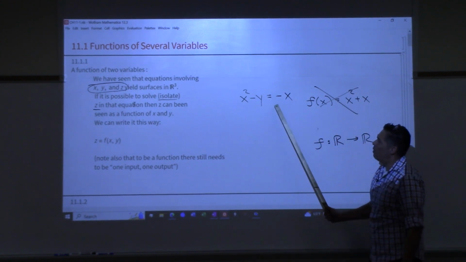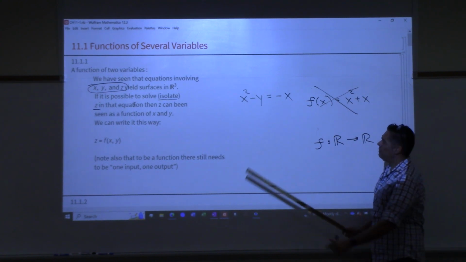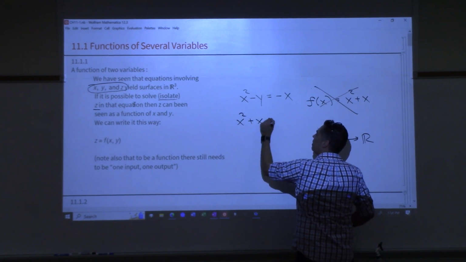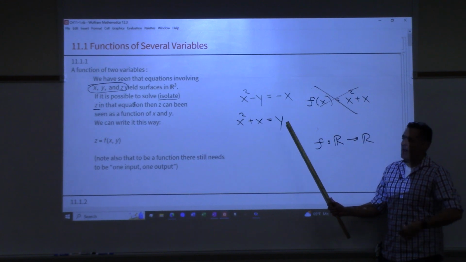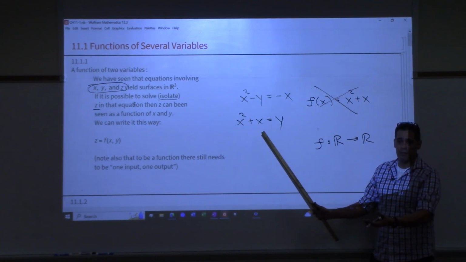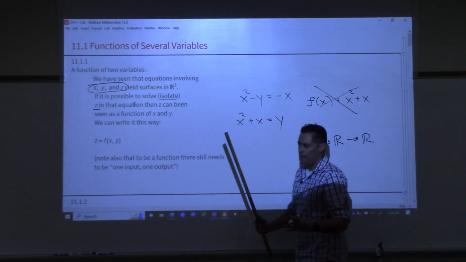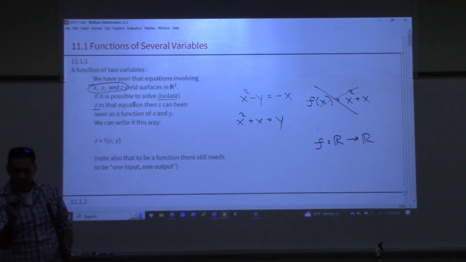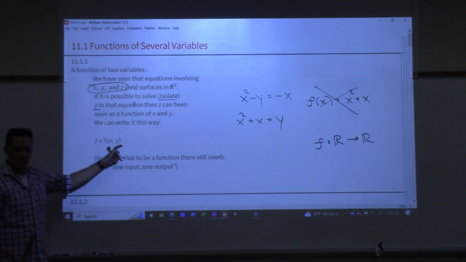That equation has x and y in it, right? Can you get y by itself? Sure, I can move the x to the left and then the y to the right. Now I've isolated y. And now I can say y is a function of x. And then I'd write that down. Same exact principle. If we have all three variables together, x, y, and z, if we can get the z by itself, then z can be looked at as a function of the other two variables.